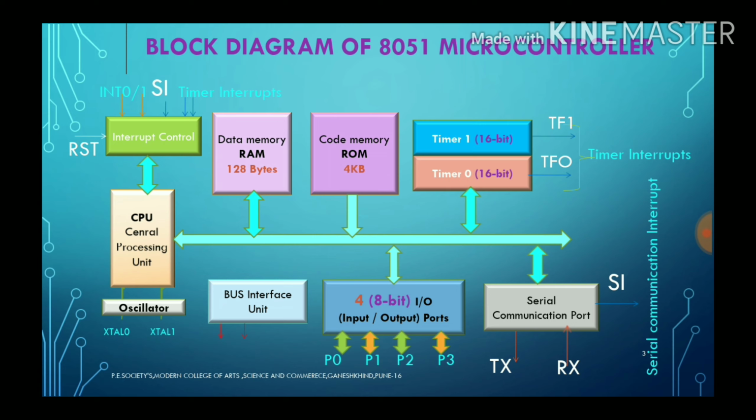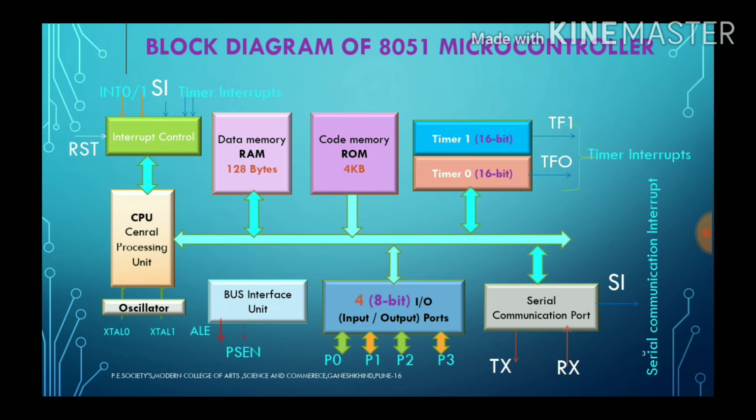This interface unit basically has three signals. One is called address latch enable, which is used for connecting either of the two types of externally connected memories. Along with this, we have program store enable to deal with the ROM memories or code memories.